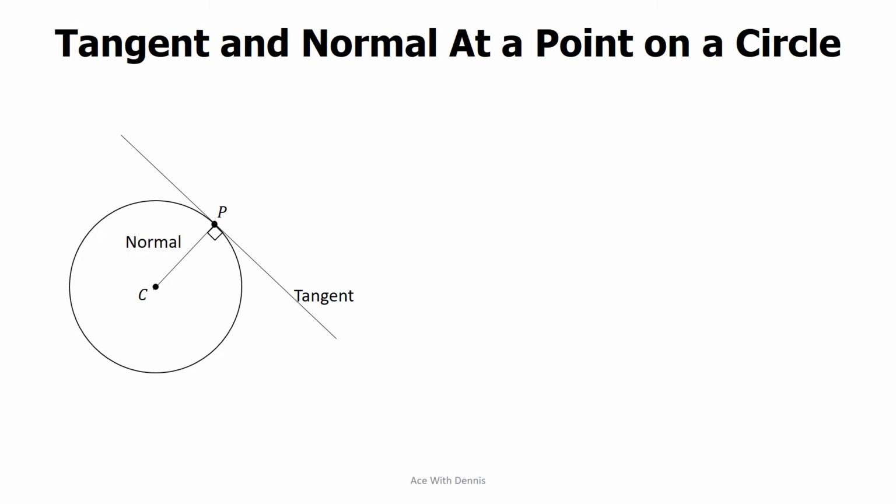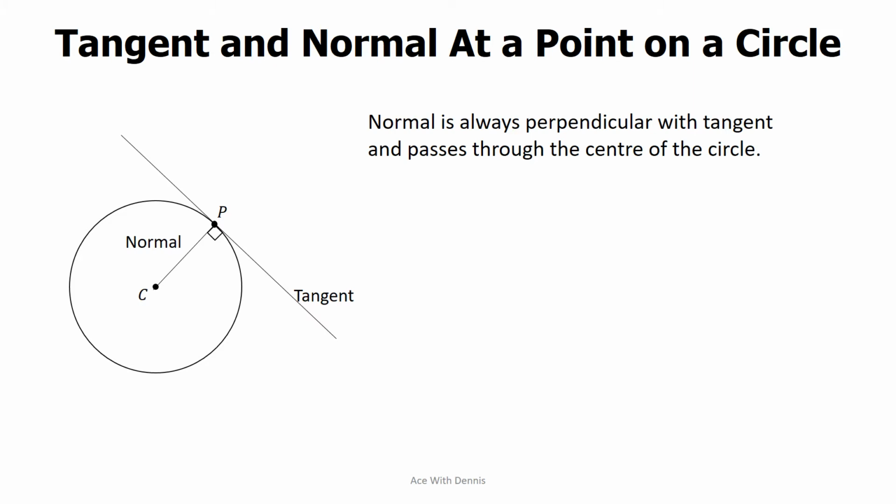So the line CP is the normal at the point P on the circle. From here, the normal is always perpendicular to the tangent and passes through the center of the circle.